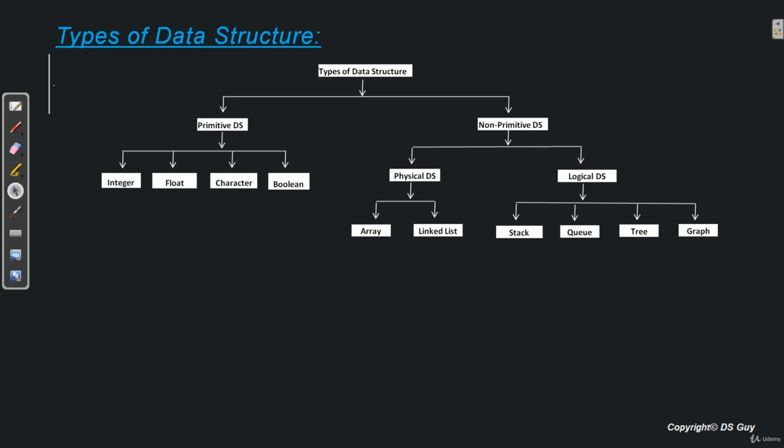Like in the previous example, we saw that when it comes to parent-child relation, tree works perfectly. Then computing a distance from one city to another, graph works perfectly. If you want to implement a queue, then queue data structure works. Fine. So I hope you have understood what are the types of data structures that we have.